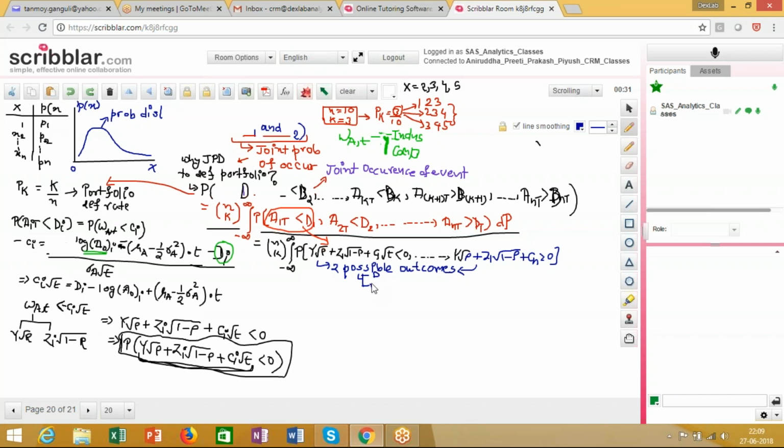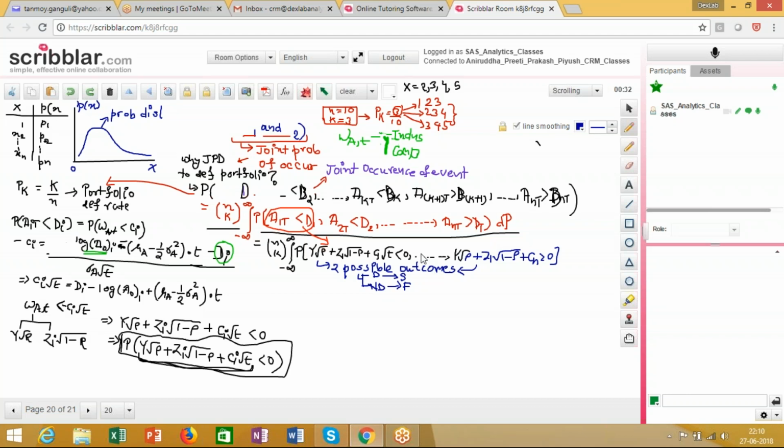Default, not default. That is, over here we either have a success or a failure. Now, since I'm trying to model the probability of default, my event or my success factor is the default.